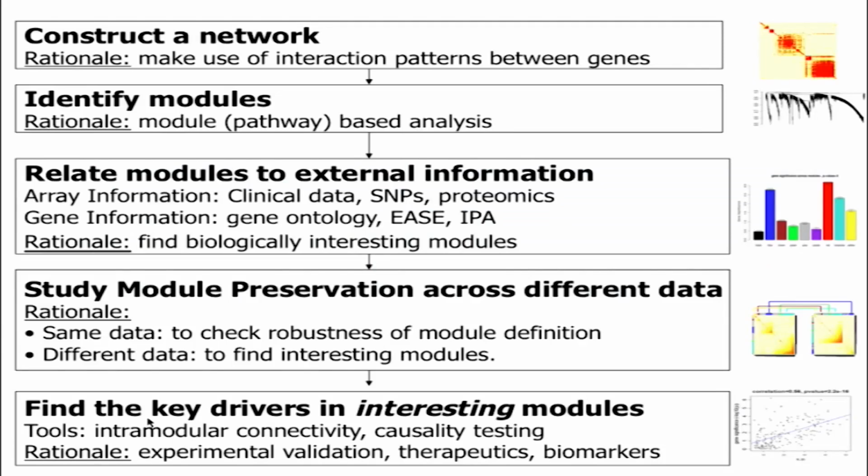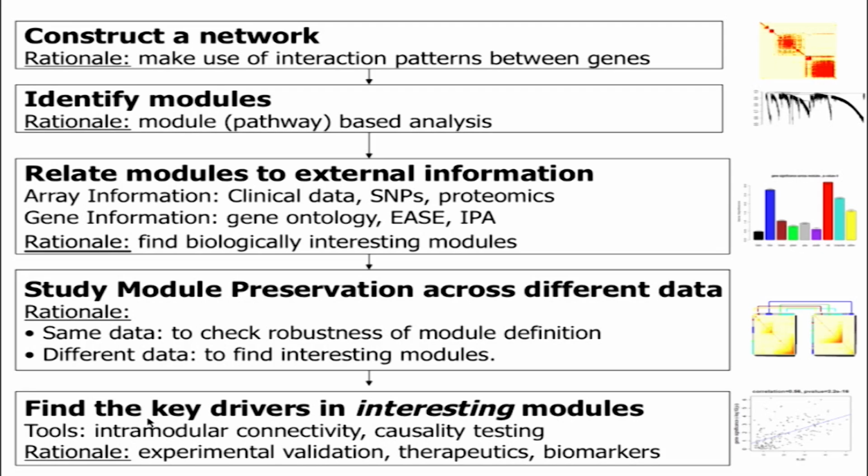It typically proceeds along the following steps. We start out constructing a network, for example, between genes, and the rationale is that we want to make use of the interaction patterns between the genes. Why? Well, genes often function as part of pathways and so on. They interact.